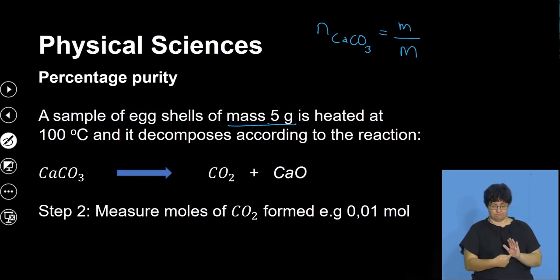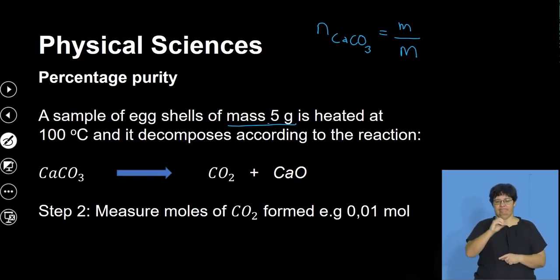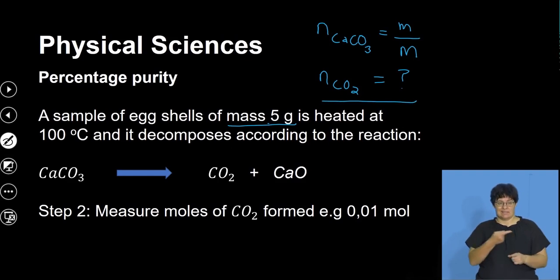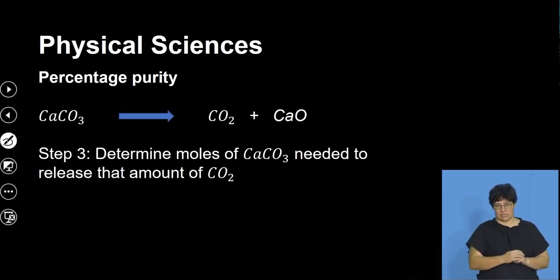We are also told that we need to measure the moles of carbon dioxide that is formed. Whatever that is, we'll work backwards to say how many moles of calcium carbonate actually produced these moles of carbon dioxide, and then get to a point where we are able to determine the actual percentage of calcium carbonate in the sample of the eggshells.